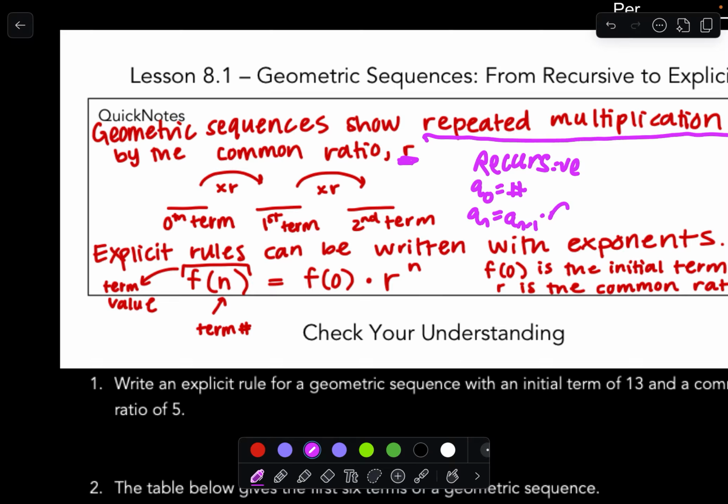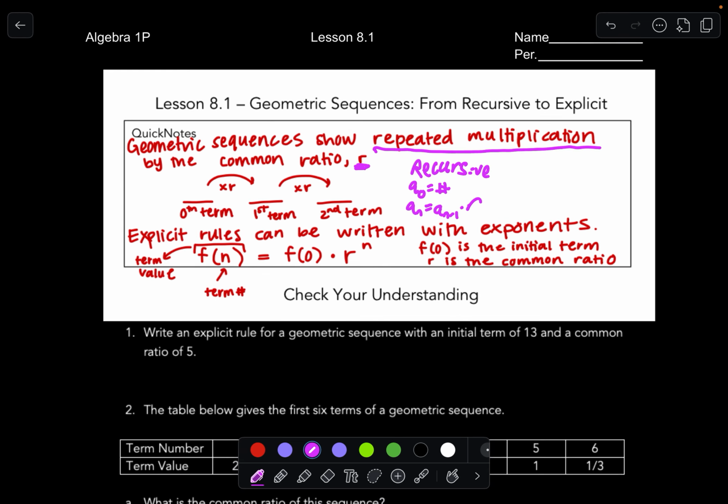That's the recursive. So if the 0 term is 3, and your r is 2, a sub 1 would be 3 times 2 is 6. A sub 2 would be 6 times 2 or 12. Okay? And that's how you would do it. All right? That's recursive.